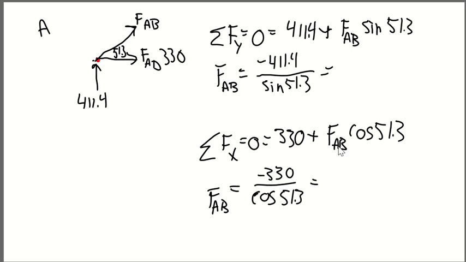411.4, whoops, 411.4 divided by 51.3 sine equals, I get a negative 527. I'm going to put an extra .15. I'm going extra decimals here because I did that in the wrong place. I'm sorry.